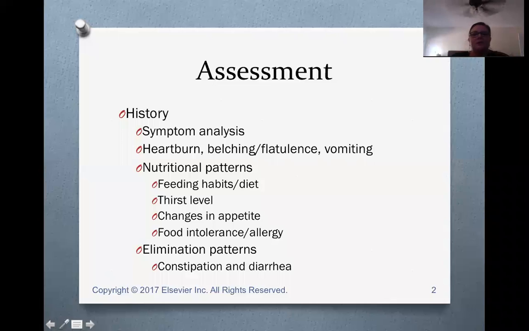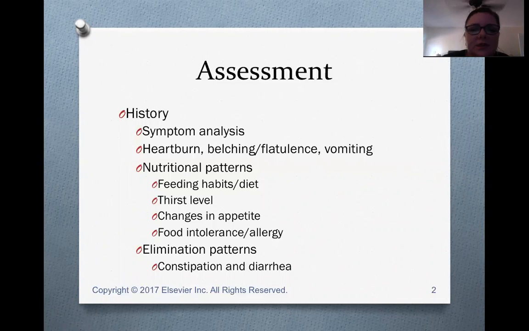Okay, so assessment-wise, a lot of the pediatric history that you take addresses their feeding and dietary style, always asking about constipation and diarrhea.